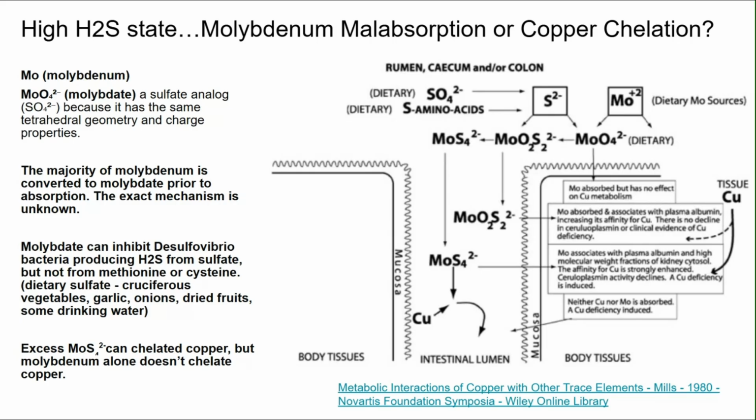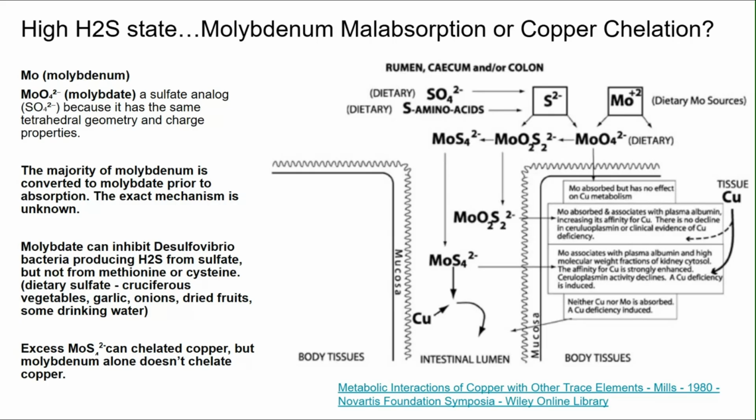So what are dietary sulfites? What are they found in? They're found in cruciferous vegetables like broccoli and cauliflower and cabbage. They're found in garlic and onions, dried fruits, and some drinking water has higher levels of sulfate in it. One of my family members grew up in Louisiana, and Louisiana has a very high sulfur content in their water, and I think that was a big contributor to some of their current health problems.